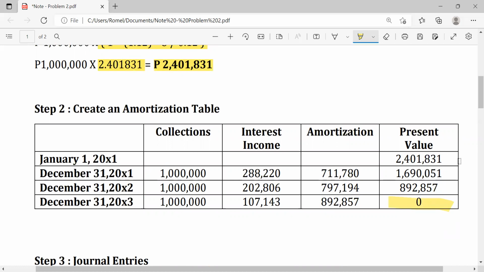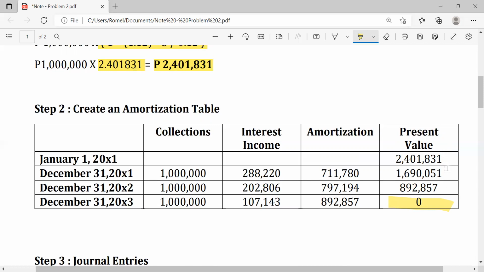So if you can observe, if it is an installment collection of principal, at the end of the due date or at the end of the term, the present value will be equal to 0.